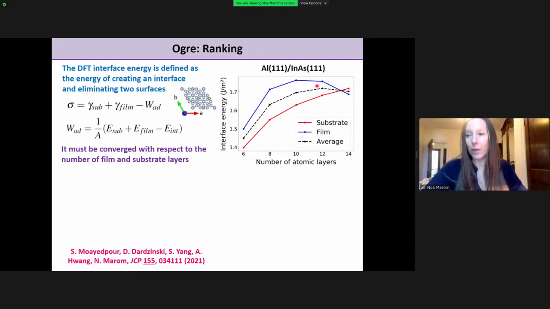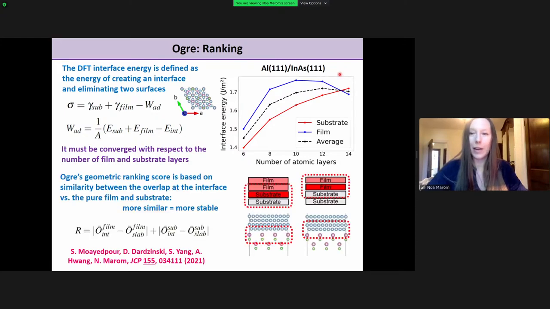So this you can calculate, but it's a pretty computationally intense calculation because you have to converge the number of layers, and you end up doing pretty large calculations. So is there a quicker way of getting a rough estimate for relative stability as well?